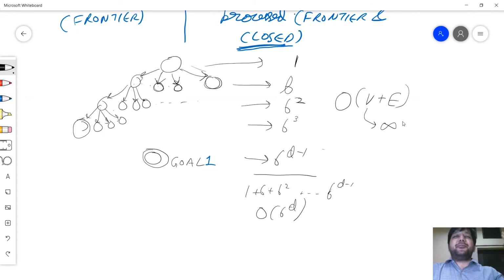You may have a solution for the 8 puzzle problem in 3 or 4 moves, but 9 factorial is a very big number. And E is, of course, B times V, the maximum. So if V is infinity, this is also infinity. Why quote the complexity as infinite? Don't do that. On the other hand, for the 8 queens problem, B is how much?